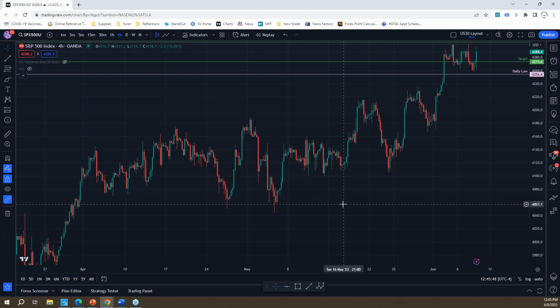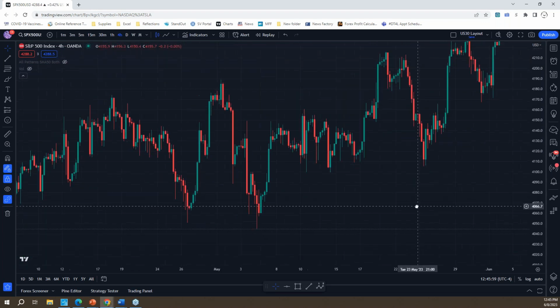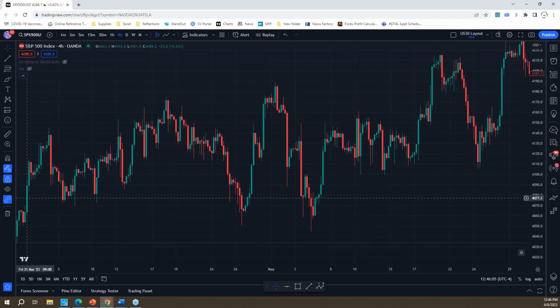And through the mentorship, we really dig into the anatomy of a candlestick and everything you need to know about these candles and the different patterns. We'll go back to March, which is actually a pretty good time.